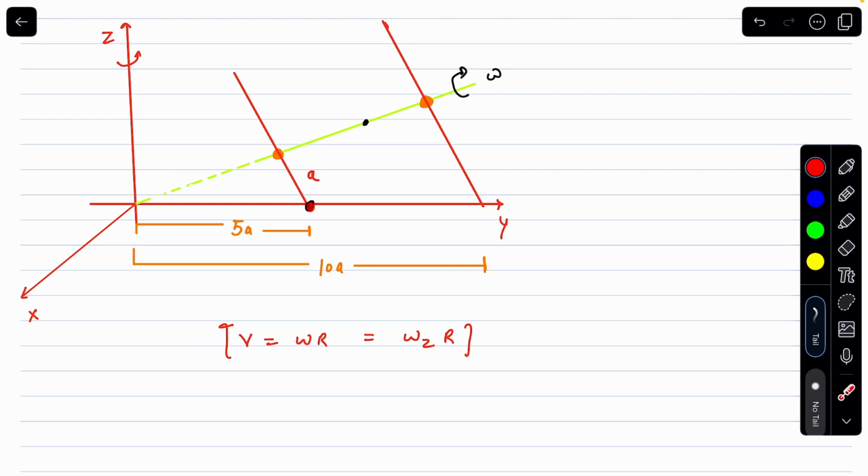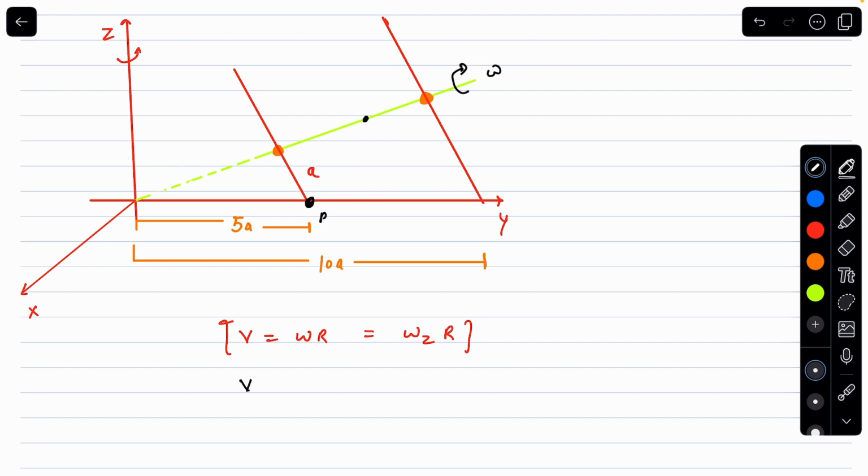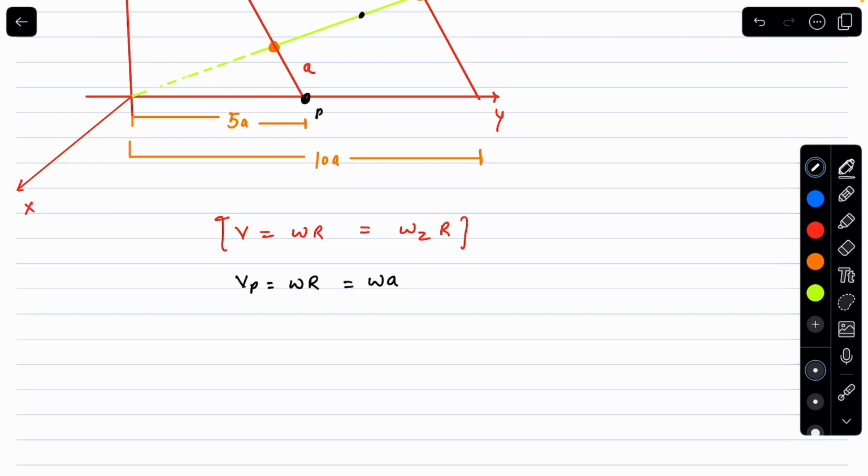So let's write down this velocity. Let's consider point P. The velocity of point P is omega multiplied by r, which is omega multiplied by A. So the velocity from the rotation about the z-axis can be written as v equals omega z times r.